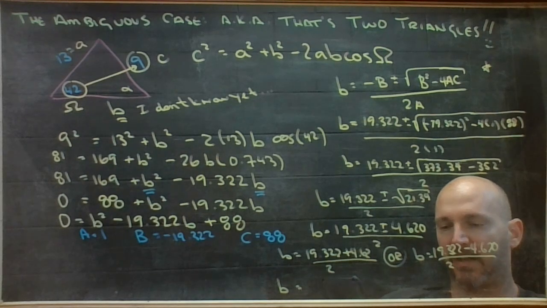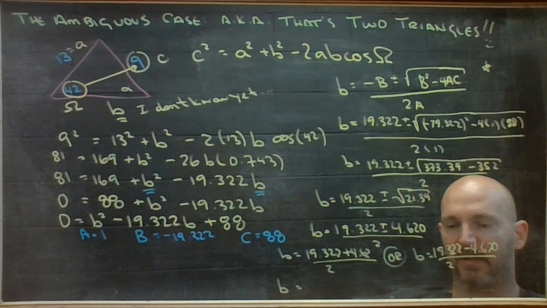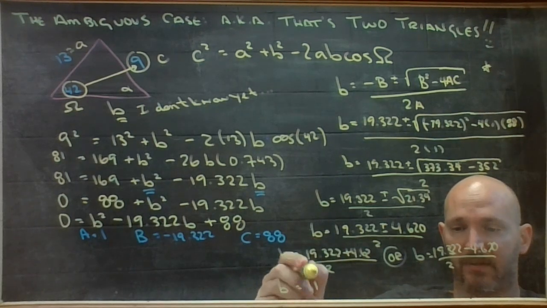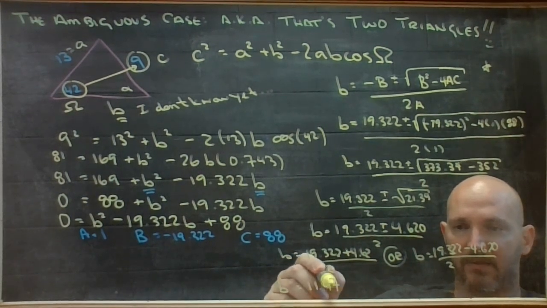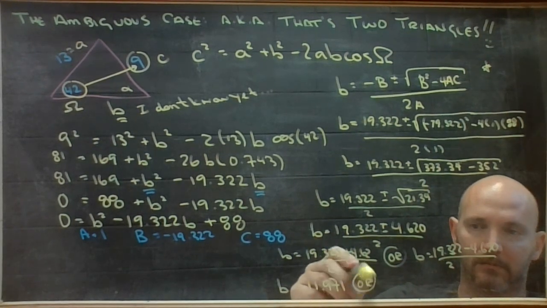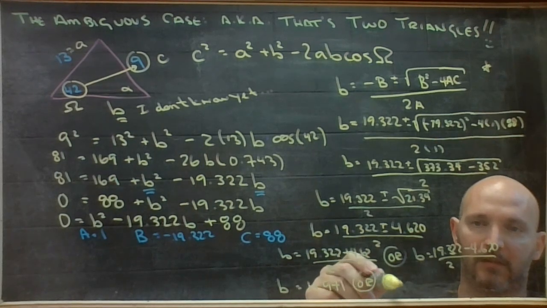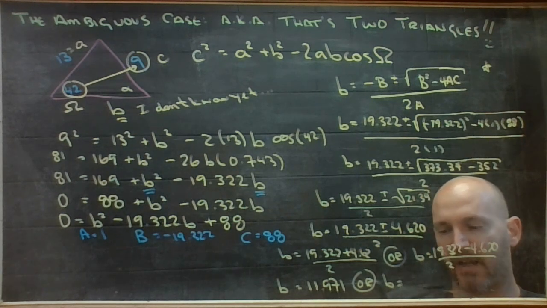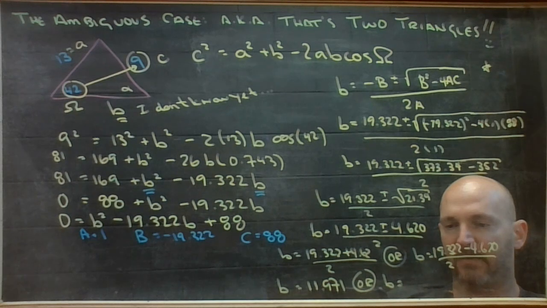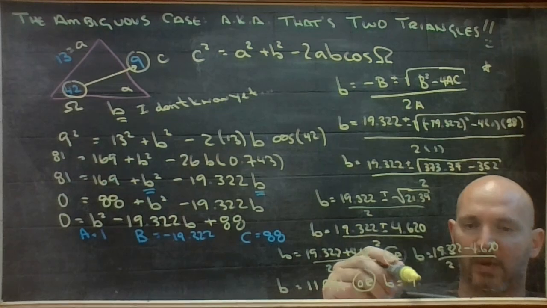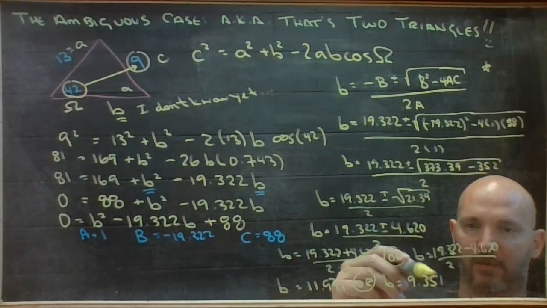I'm just going to divide it by 2. This whole thing, if you work it out, gives me 11.971. Or if I do 19.322 subtract 4.620 and divide by 2, I get 9.351.